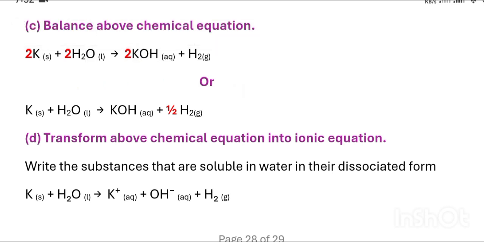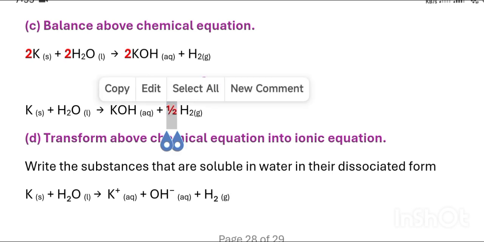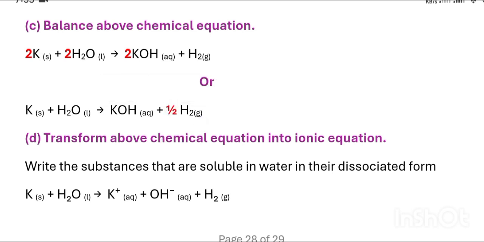Or the simplest method is just multiply H2 on this side by 1/2. The denominator will cancel out the 2 in the subscript, and the whole equation will be balanced: 1 potassium here, 1 potassium here, and H2 here, 1 hydrogen here and 1 here, so 1 plus 1 becomes 2, 1 oxygen here and 1 oxygen here.